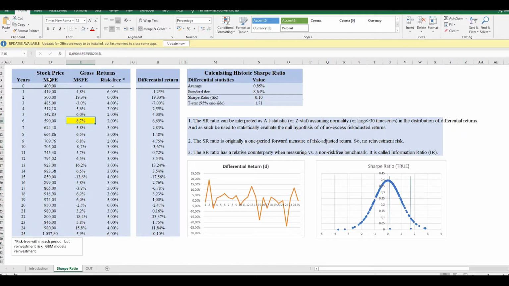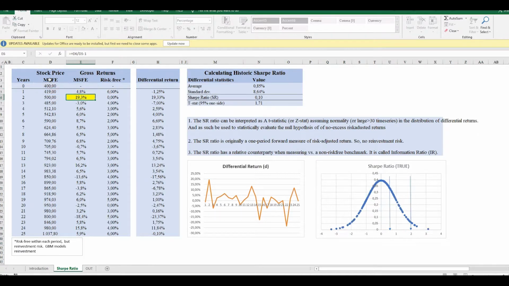This implies that the return I calculate here, just by taking period price today divided by previous minus 1, is a gross return, so the total return of Microsoft in each period is measured here.